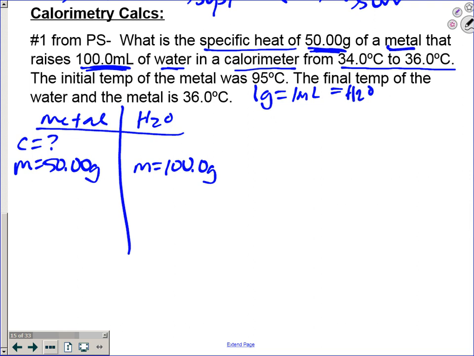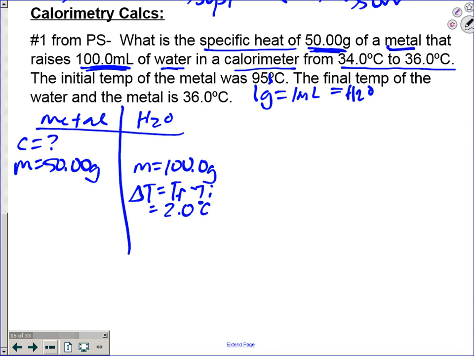So who is that talking about? Water, right? So the ΔT for water is T final minus T initial. So it's what minus what? 36 minus 34, so the change is 2 degrees Celsius, 2.0, right? And then the initial temperature of the metal is 95 degrees Celsius. The final temperature of the water and the metal is 36 degrees Celsius.